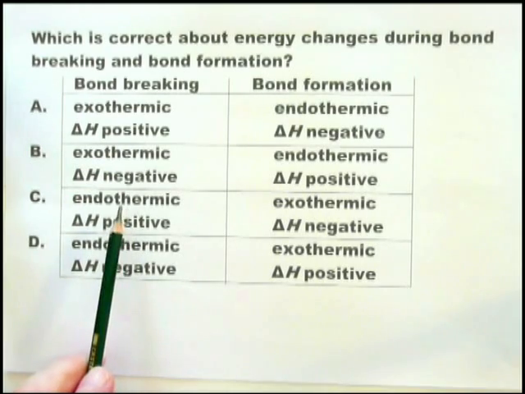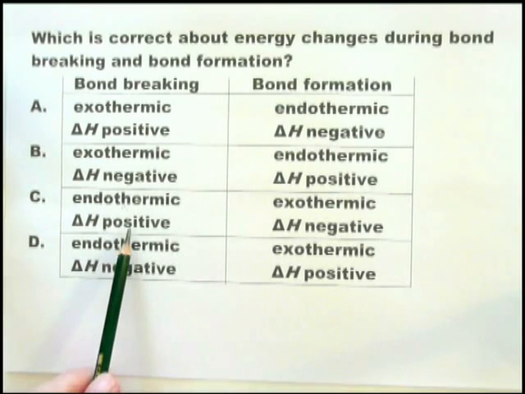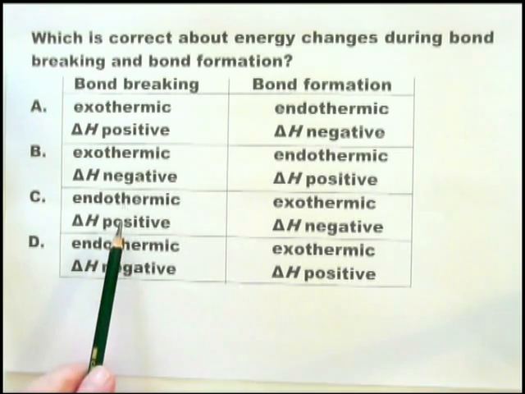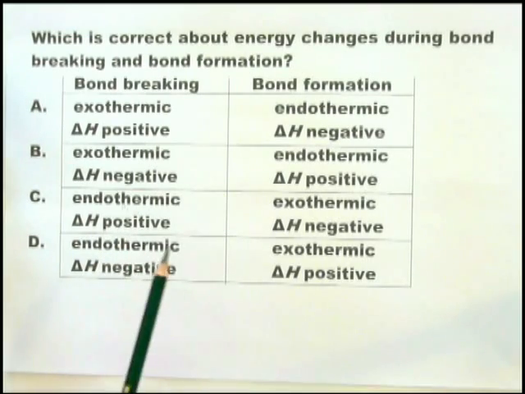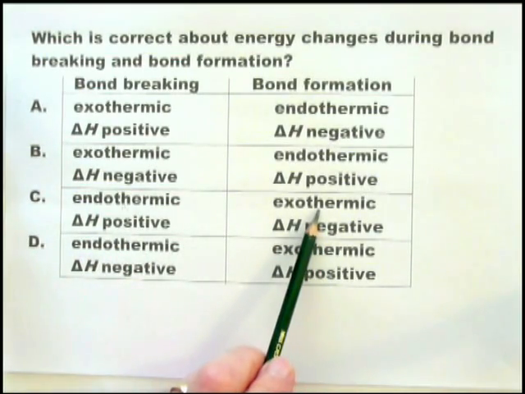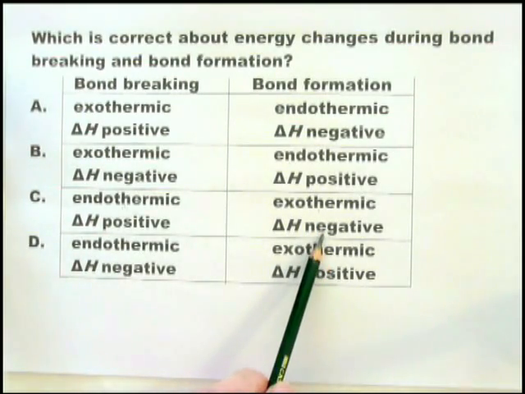Bond breaking is an endothermic operation. You put energy in. It's also delta H positive. So that is clearly where I see bond breaking. And lo and behold, bond formation is clearly exothermic. In other words, heat is coming out. And delta H is negative.